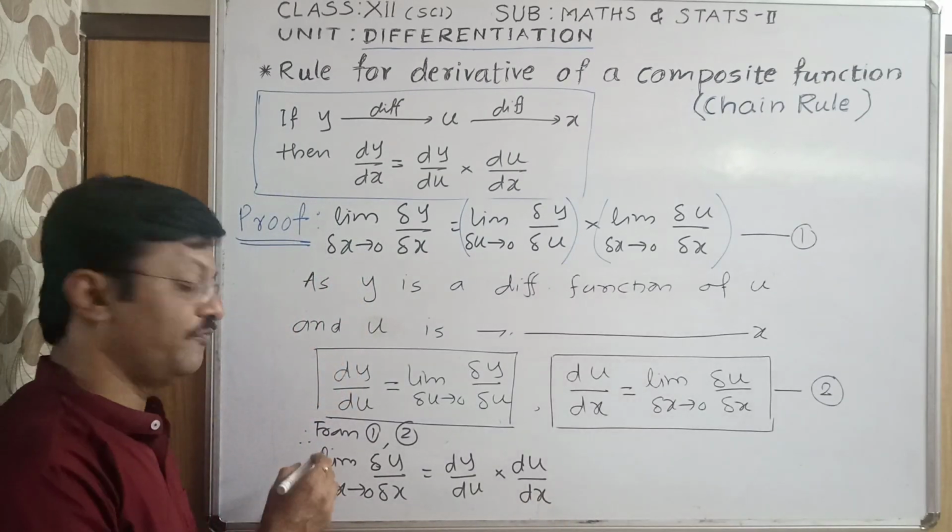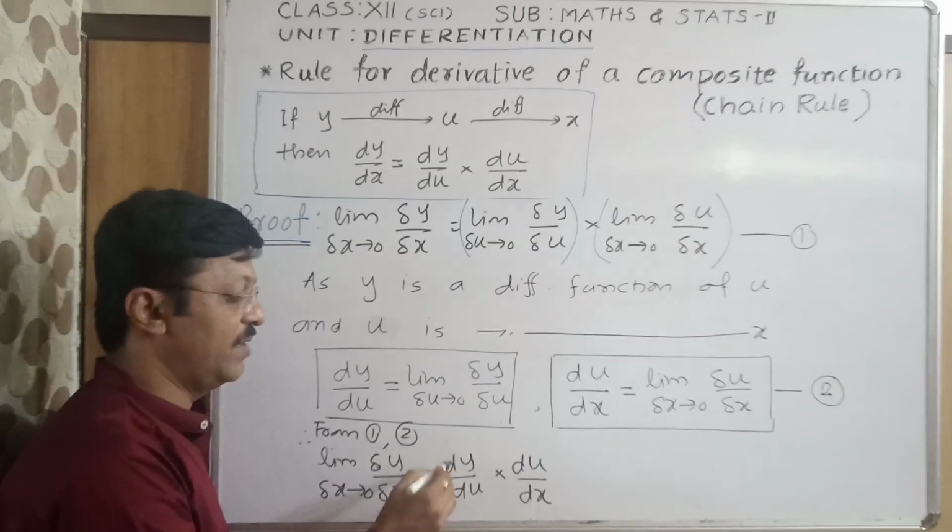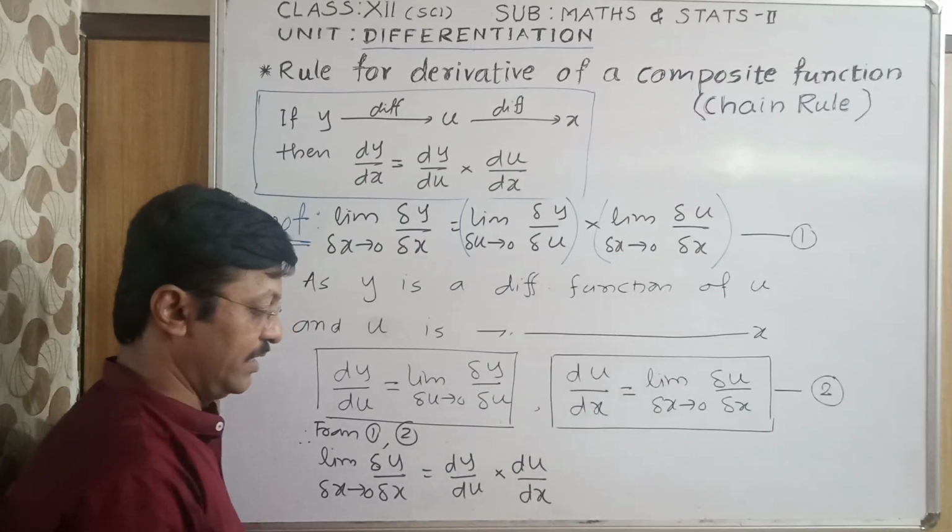So limit delta y by delta x as delta x tends to 0 is equal to dy by du into du by dx.